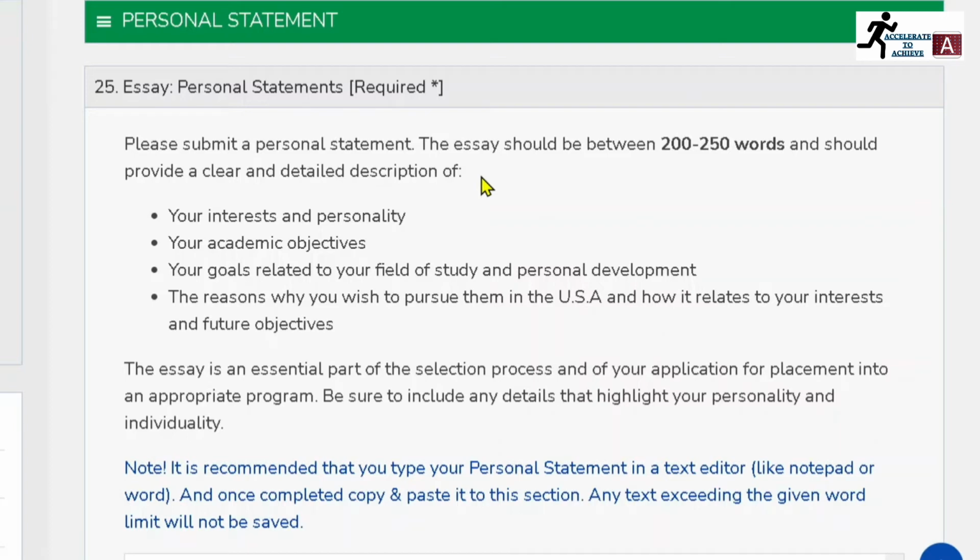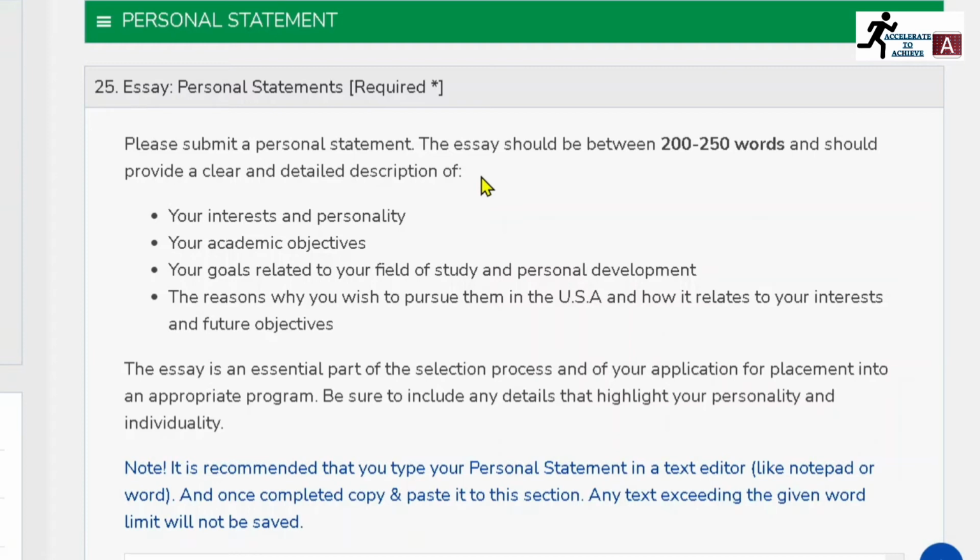You have to include in your personal statement your interest and personality, your academic objectives, your goals related to your field of study and personal development, and the reasons why you wish to pursue them in the USA and how it relates to your interest and future objectives.